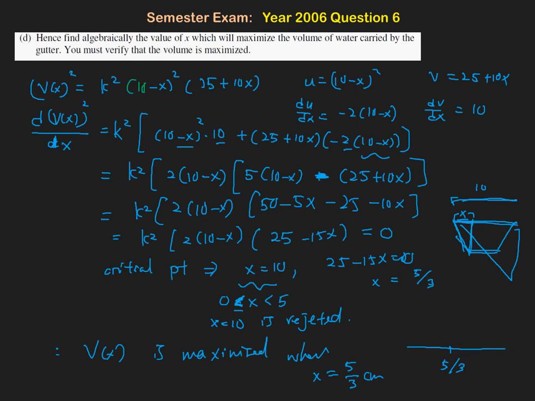You will find that this is positive, and for a value between 5 over 3 and 5, this will be negative. So then this is the shape of the curve at this part. From the sign diagram, we verify that V(x), the volume, is maximized when x is equal to 5 over 3. So I hope you try this problem again or other similar problems, and all the best.